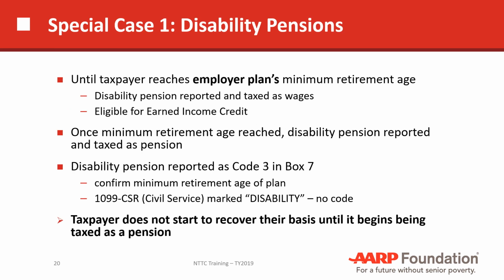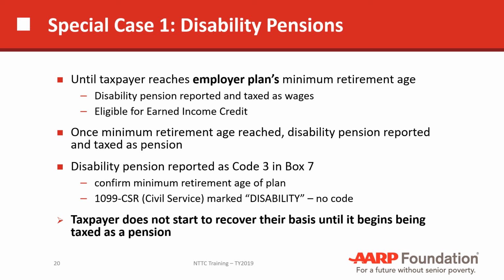Here's a special case scenario, disability pensions. So until a taxpayer reaches the employer's plan minimum retirement age, their pension is reported and taxed as wages. Once they get to that minimum retirement age, then they're going to start being taxed as retirement income.